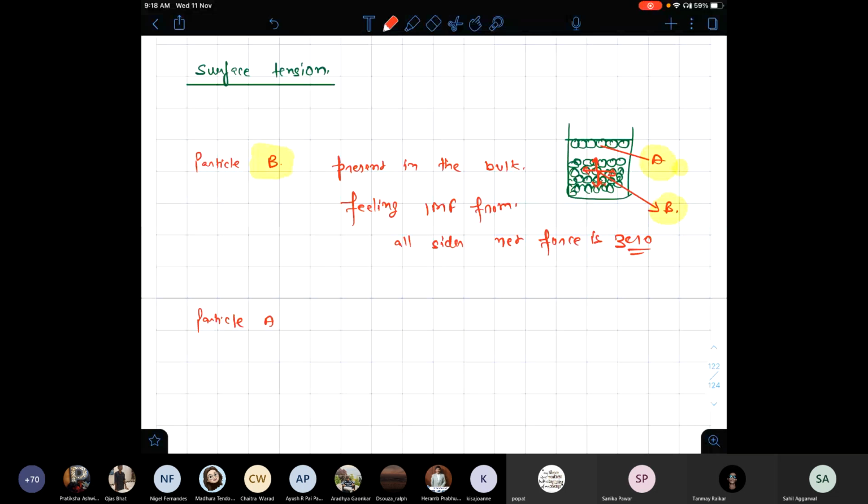Particle A present on the surface is feeling intermolecular force from inside only.